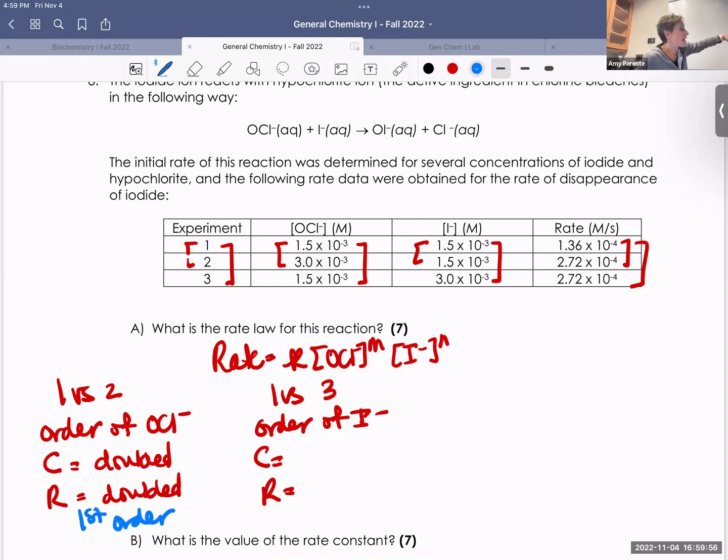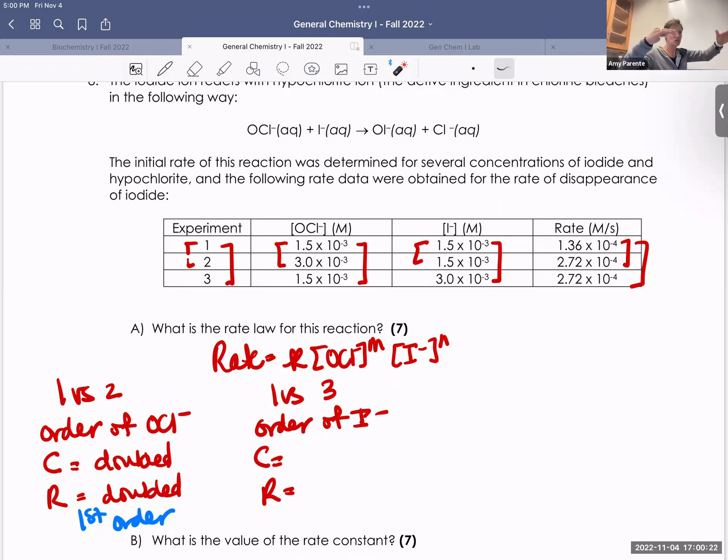Now, we could easily do this math in our head. It could be something that you may need to do a little calculator work to actually get what these numbers are. All you need to do is take the larger number and divide by the smaller number. One of the things I saw on previous quizzes is sometimes students would take reaction 2 and divide by reaction 1 for rate, but then take 1 and divide by 2 for concentration.